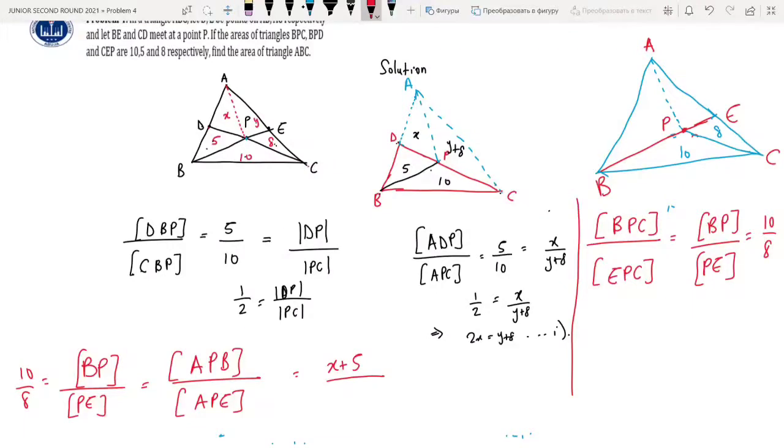The area of triangle APE is y. So 10 over 8 equals (x plus 5) over y.